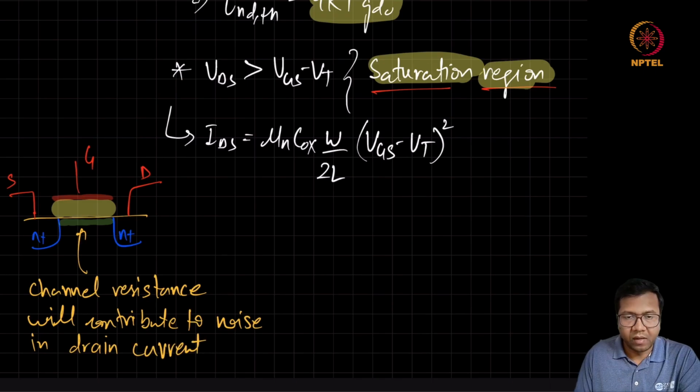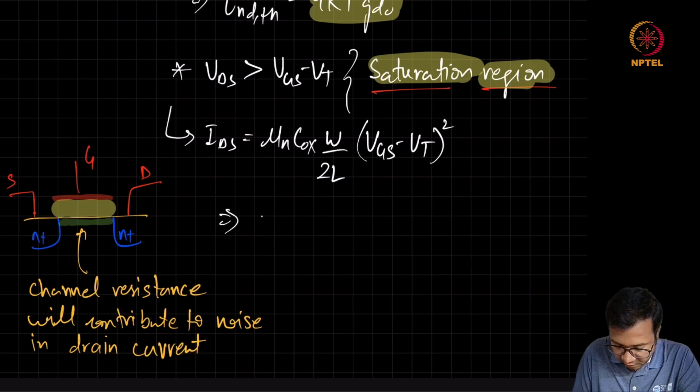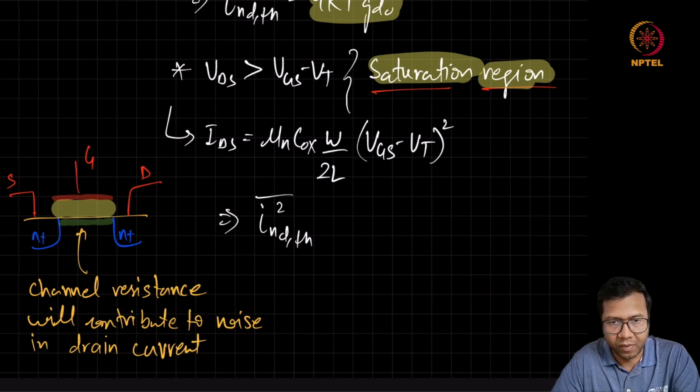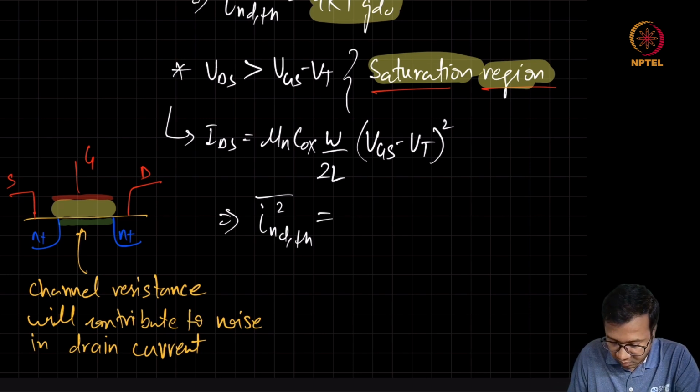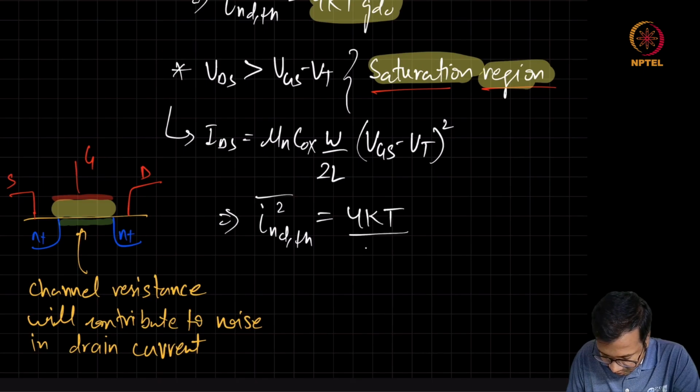So even though the RDS looks infinity, this channel resistance is going to add noise. So if we have to see the drain current noise PSD due to this channel resistance, it's going to be equal to 4 kT divided by R channel.